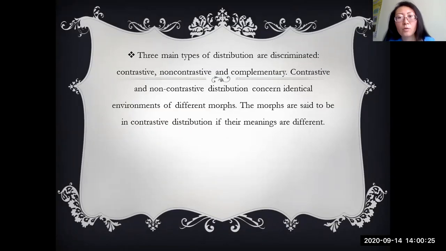Three main types of distribution are discriminated: contrastive, non-contrastive, and complementary. Contrastive and non-contrastive distribution concern identical environment of different morphs. The morphs are said to be in contrastive distribution if their meanings are different.